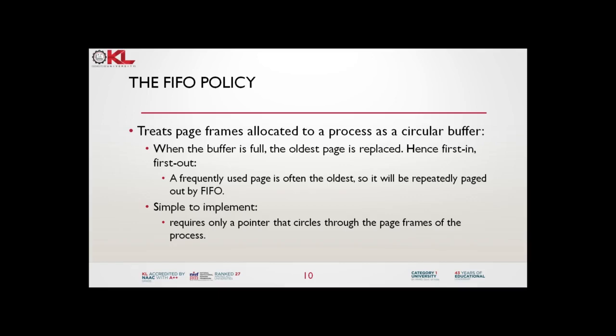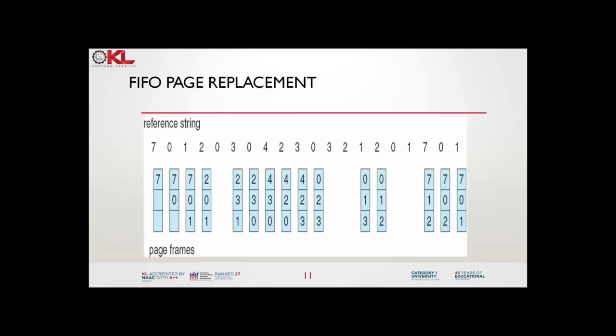A frequently used page is often the oldest, so it will be repeatedly paged out by FIFO. The simple implementation of this algorithm requires only a pointer that circles through the page frames of the process. So let us start working out an example.